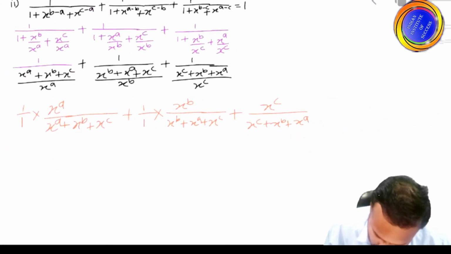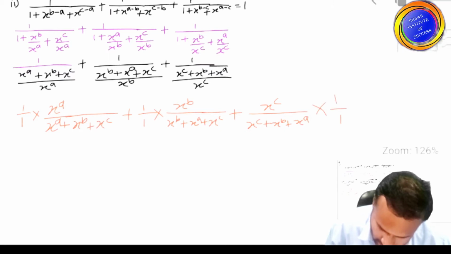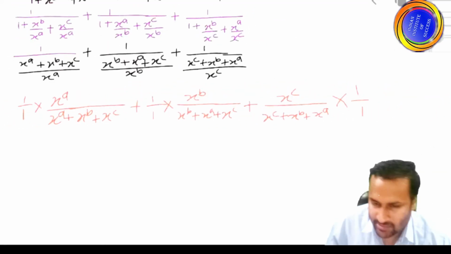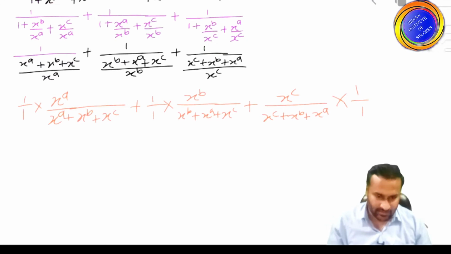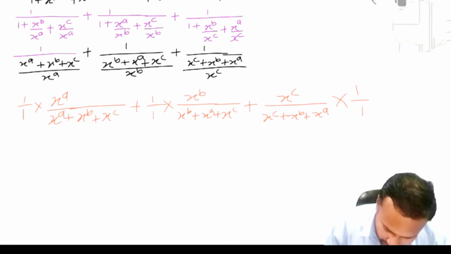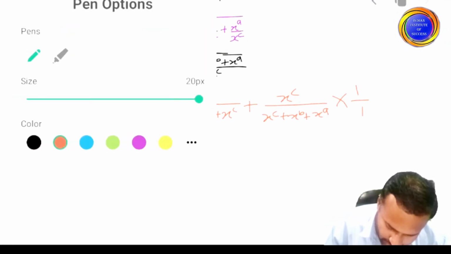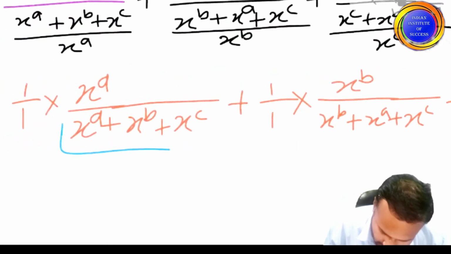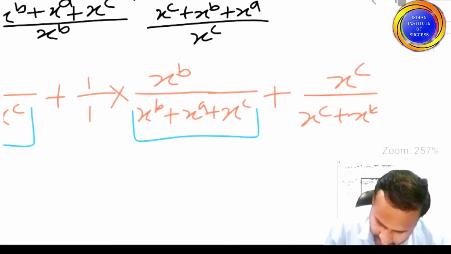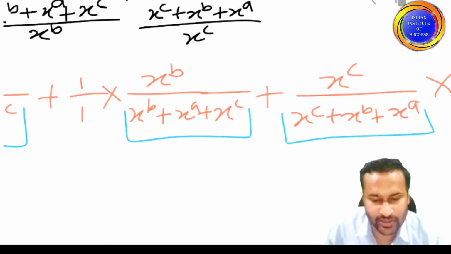Now it is equal, you can see this. When 1 is multiplied by any number, it is written the same, so don't worry about anything. Now we have the same denominator, you can see here, these are the same denominator.